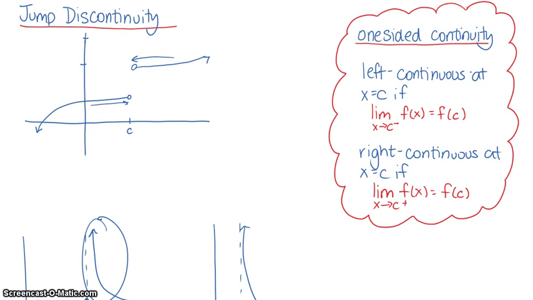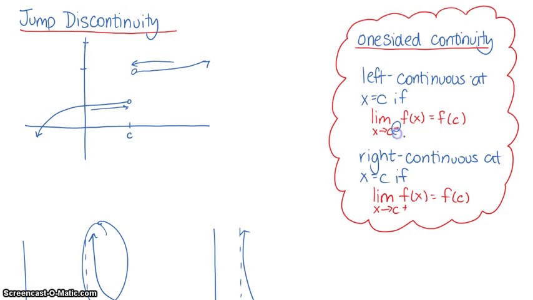Now going back to jump discontinuity, there is something referred to as one-sided continuity. There's left-sided continuous and right-sided continuous. So you may see this in the homework if it asks you if it's right-sided continuous, left-sided continuous, is the whole thing continuous. And again, it's looking at the limit from the left-hand side and the right-hand side if it's equivalent to the point. So in this particular case, let's make one of these have an actual point.